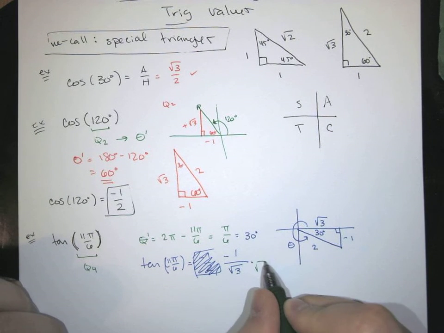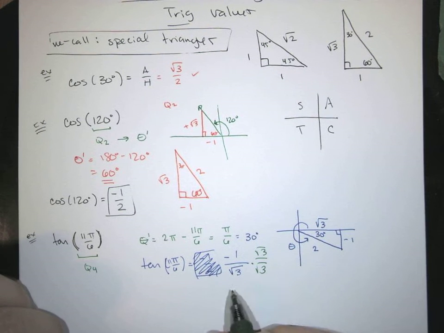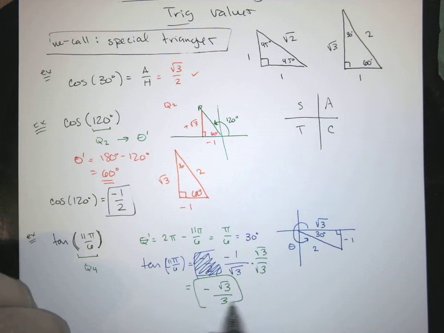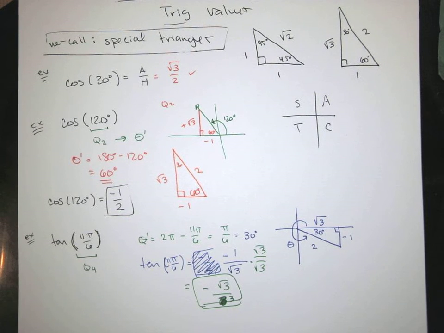If we rationalize it, the final version here is going to be negative root 3 over 3. Like so. Boy, that got a little sloppy. There we go. That's a 3. Yeah, that's as good as that's going to get.